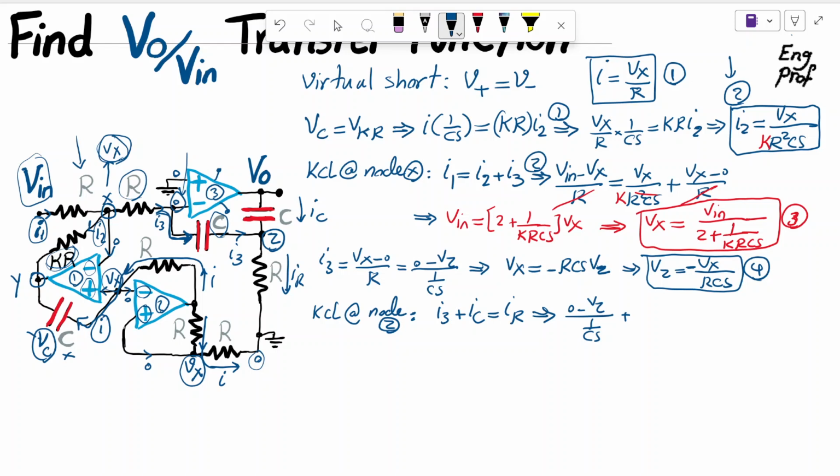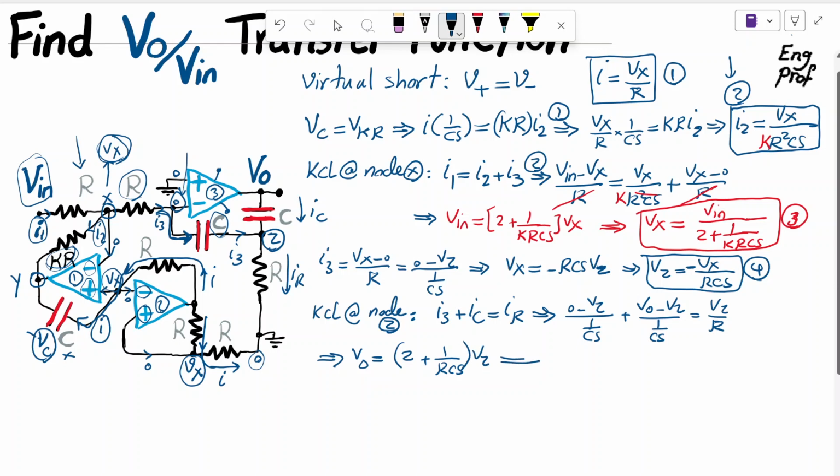Okay, so for I3, I did it right. For IC, I'm going to do Vout minus Vz divided by 1 over Cs as well. And finally, for IR, I'm going to do Vz over R. Okay, so as a result, what I can summarize is as simple as this: Vout is equal to 2Vz plus, just to make sure I'm not missing something, plus 1 over RCS Vz. And I can factor out Vz, of course.